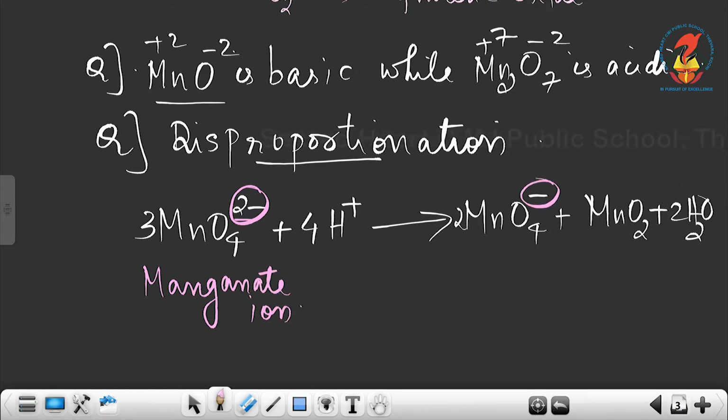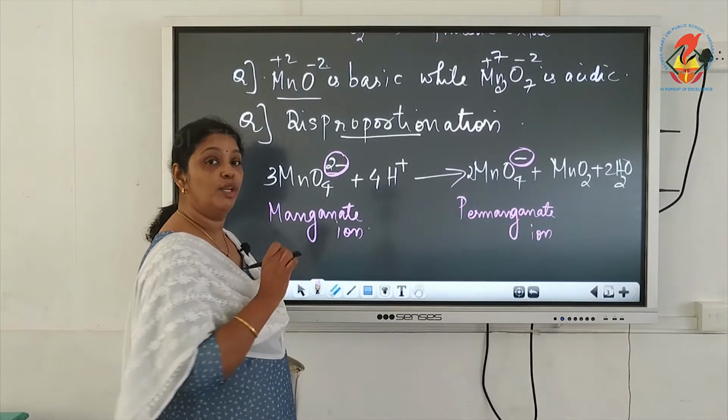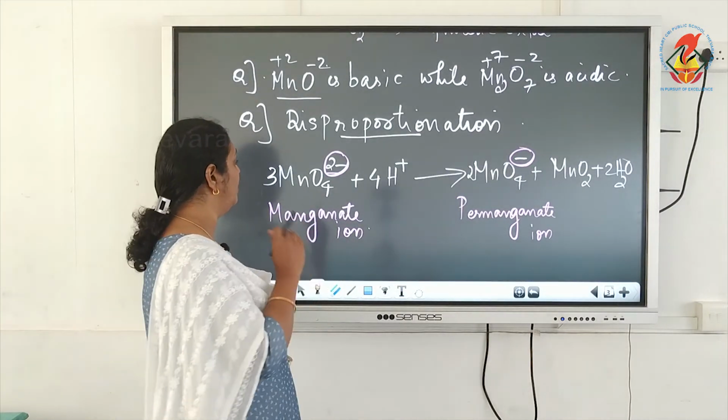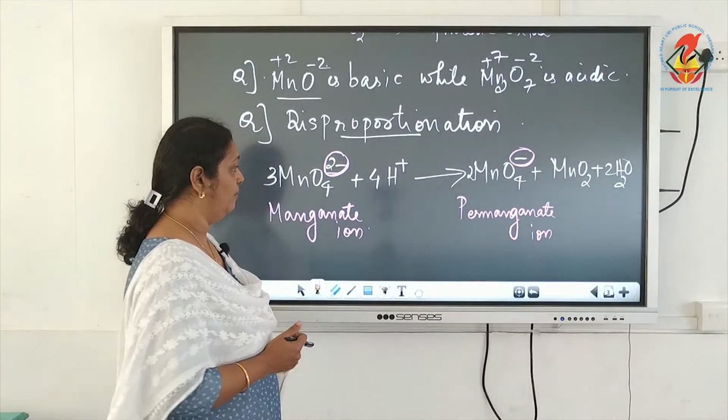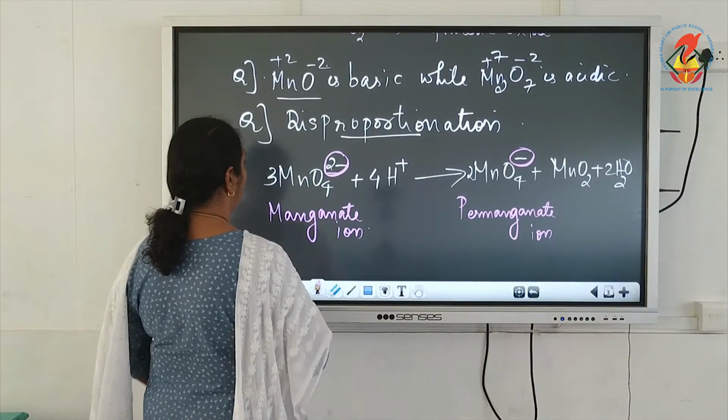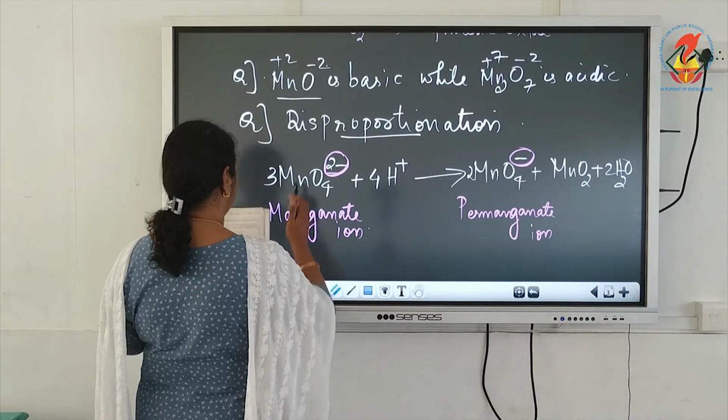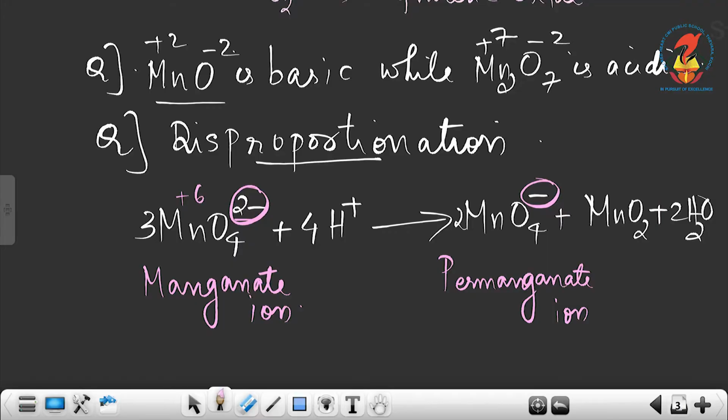Now MnO4- is permanganate ion. KMnO4 is potassium permanganate, so the ion is permanganate ion. K2MnO4 is potassium manganate, so MnO4 2- is manganate ion. And you can see in MnO4 2-, the oxidation state of manganese is +6.